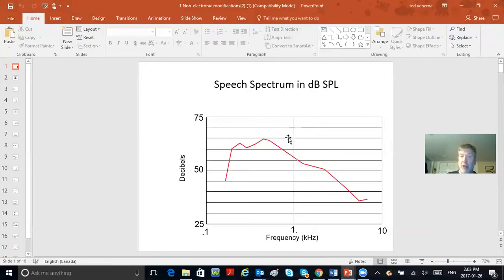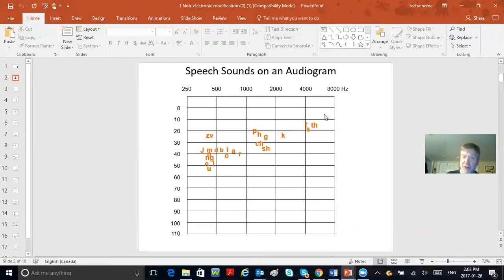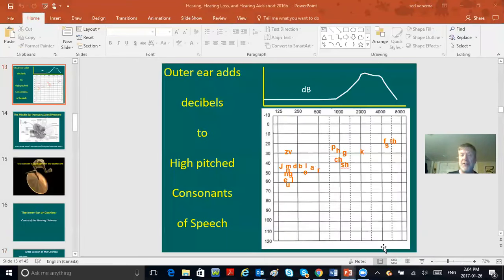There, speech spectrum drops off in the highs, and an audiogram that goes the opposite way. You don't want to cut off the highs in a hearing aid, so you have to appreciate what you're doing. When you plug up an ear, you're losing that natural outer ear canal resonance as shown here. Okay? Acoustic modifications are meant to deal with that.